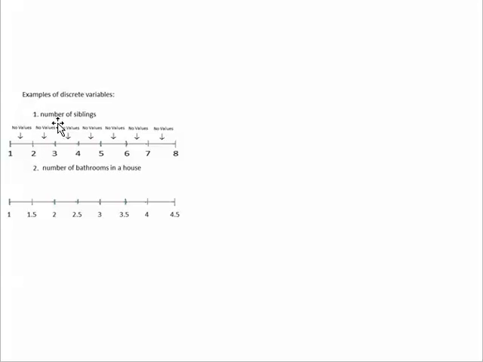And everyone in the world who has three siblings is stacked above this value right here. So when a variable is discrete, the possible values are like stepping stones, and a person has to stand on one of the stepping stones, and a person can't stand anywhere between the stepping stones.